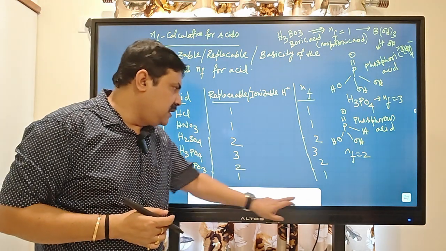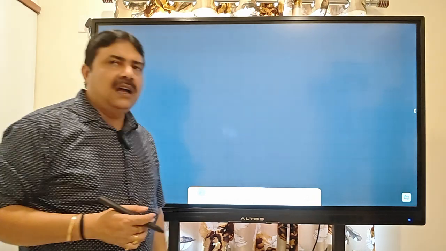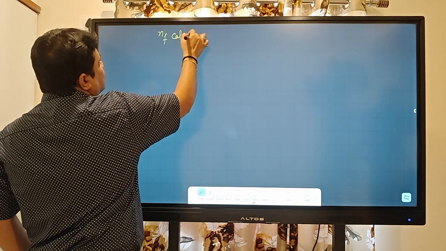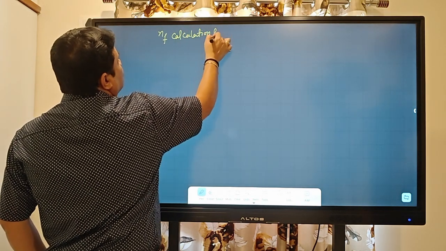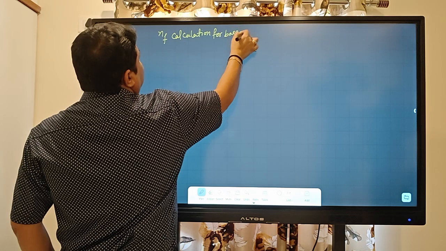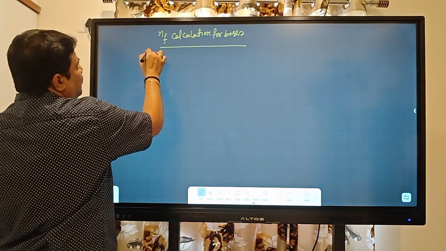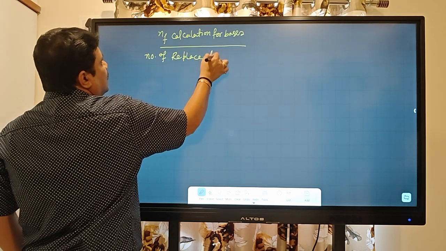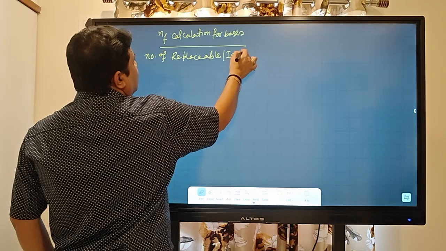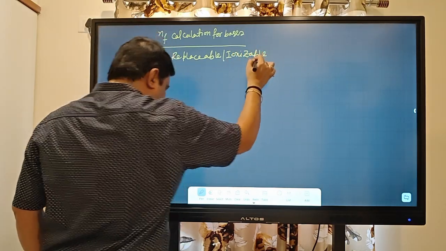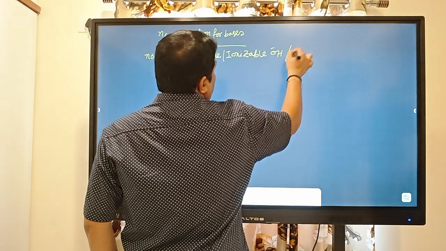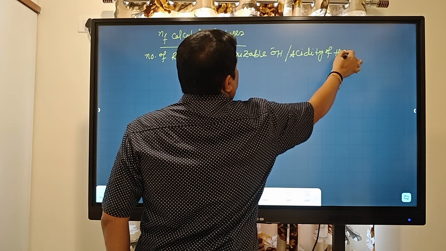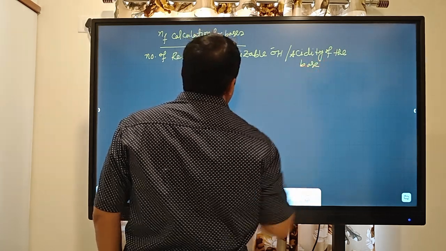Now the next one, N factor calculations for bases. You can do it very easily. In the same way, the number of replaceable or ionizable OH minus, or the acidity of the base, is the N factor.